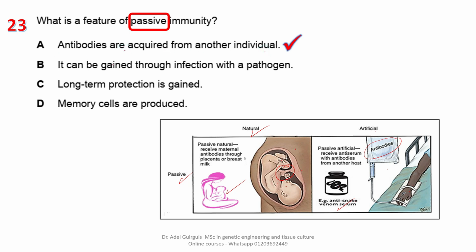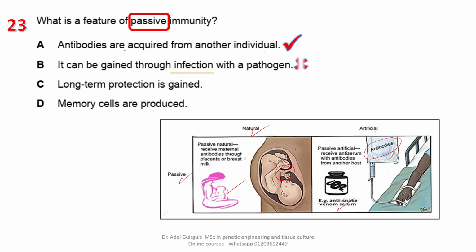The answer is correct. Also let's break down the other choices. It can be gained through infection with a pathogen. This is natural active immunity due to real infection of pathogen. The immune system of the person at this state will be triggered to produce antibodies and the memory cells. This is active natural immunity due to real infection.